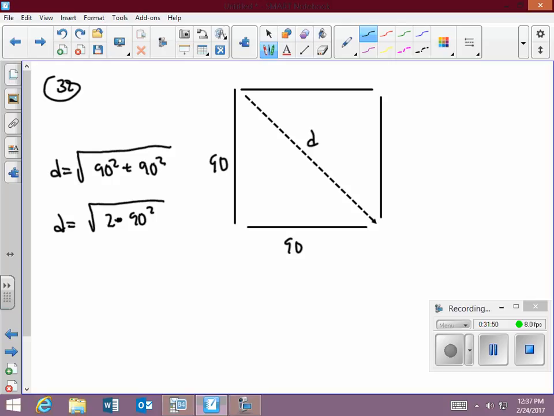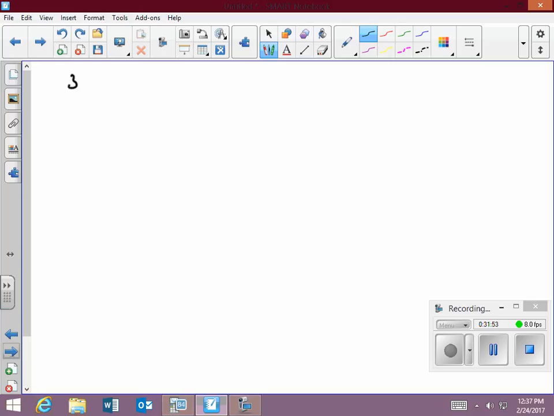34 says two boats leave a dock at the same time. One heads due east at 20 miles per hour, and one heads due south at 15 miles per hour. How far apart are the two boats after 45 minutes have elapsed? So one goes east. East is to the right, isn't it?